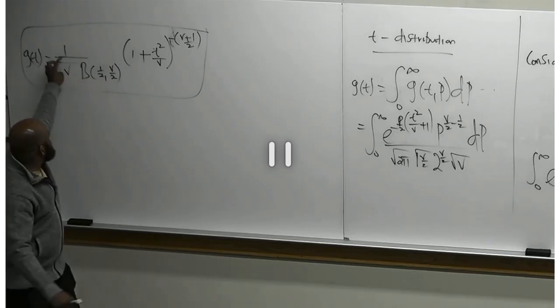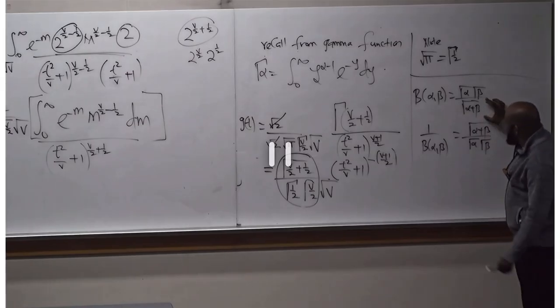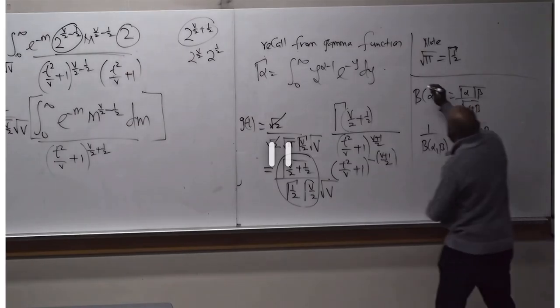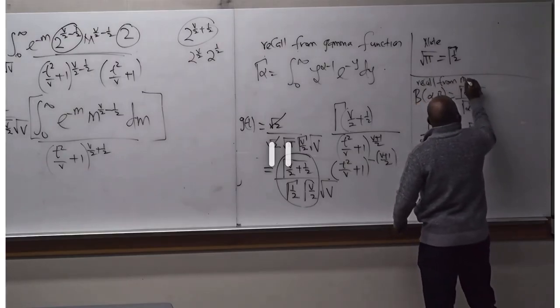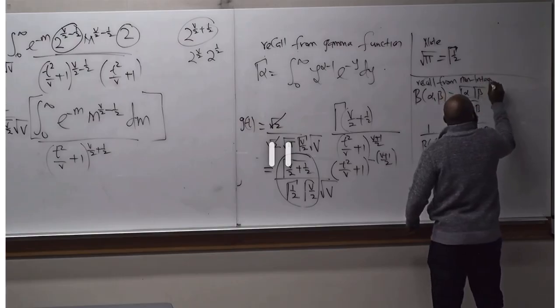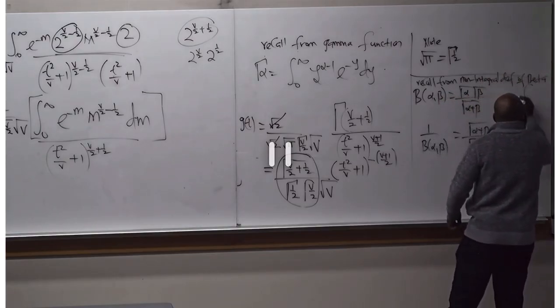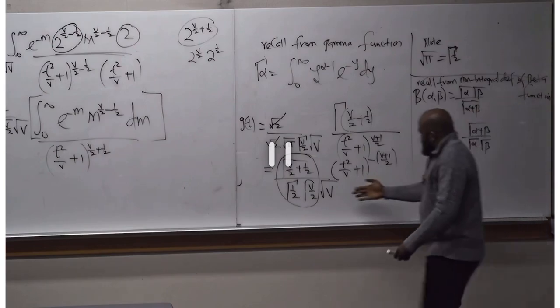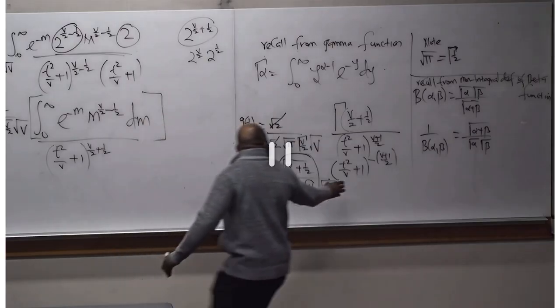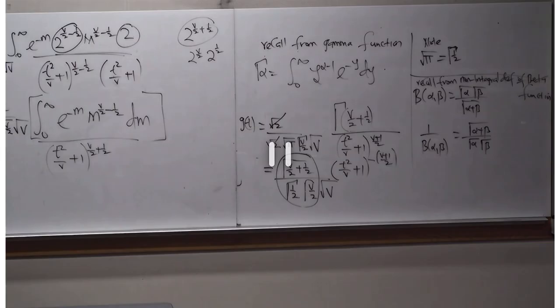You can say 1 over that. So 1 over that, if you want to come from beta function, this is a recall from the non-integral definition of a beta function. So that's what I'm recalling. So now this guy is this.